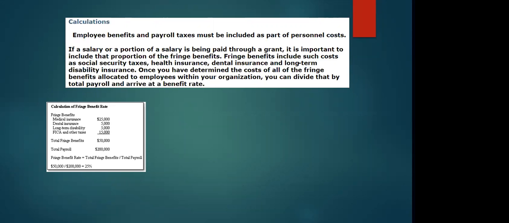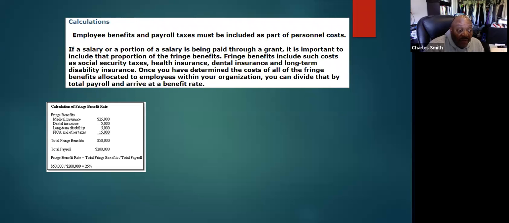Now read how they calculate their fringe benefits. Great. Benefits: medical insurance, $25,000. Dental insurance, $5,000. Long-term disability, $5,000. FICA and other taxes, $15,000. Total fringe benefit, $50,000. Total payroll, $200,000.